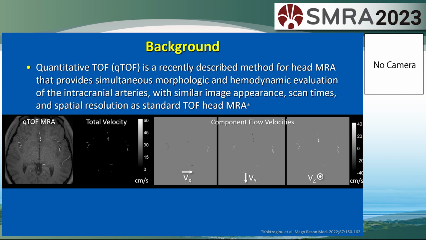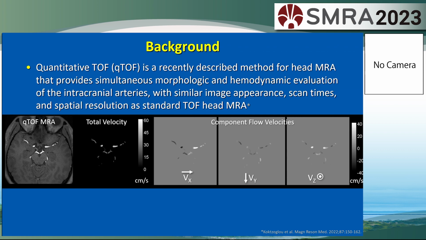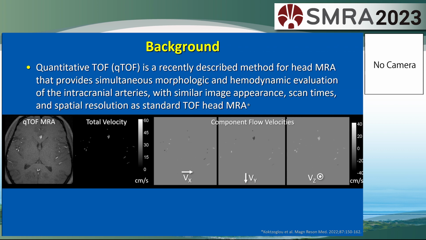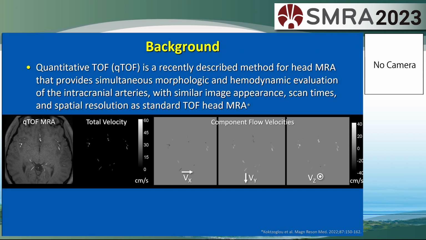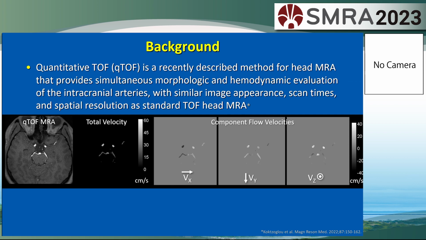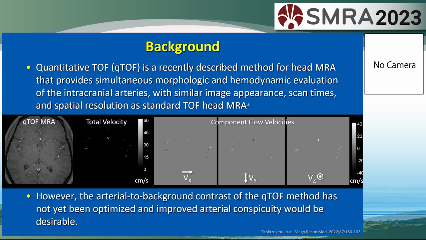Quantitative time of flight is an emerging approach for head MR angiography that provides simultaneous morphologic and hemodynamic evaluation of the intracranial arteries with similar overall image appearance, scan times, and spatial resolution to standard time of flight head MR angiography.